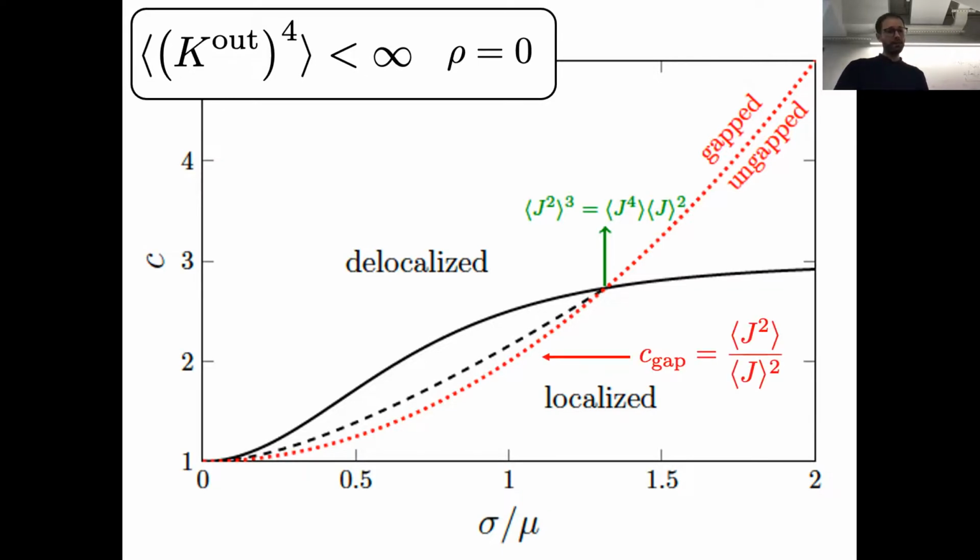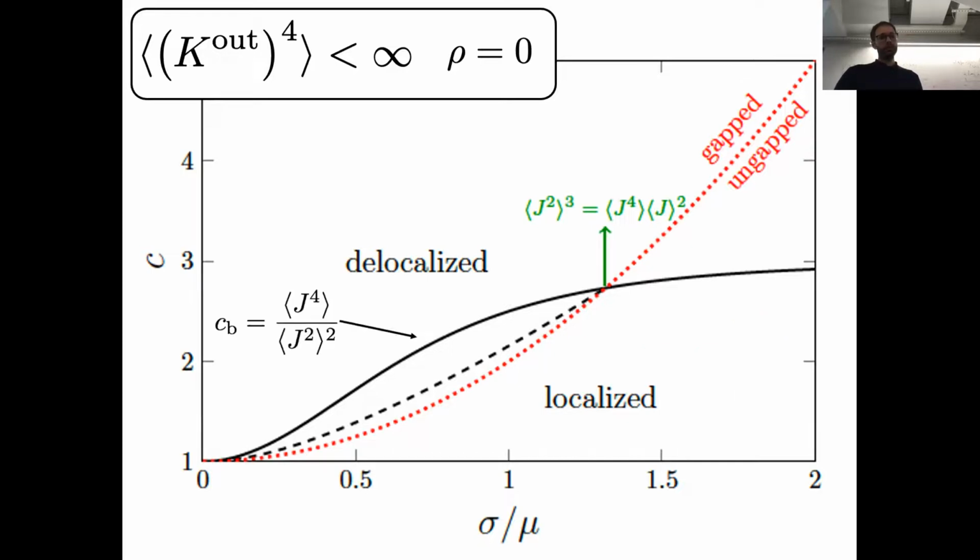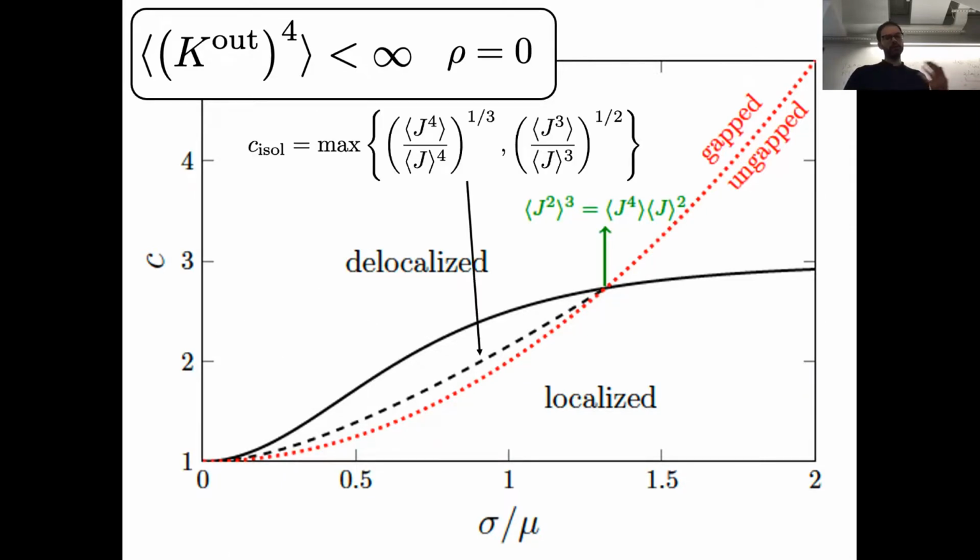This determines whether there's a gap, an outlier or not. This is the formula for the localization of the eigenvectors at the boundary of the spectrum. So you see it's determined by the 4th moment of the weights, J. And finally, the eigenvalue outlier is localized.